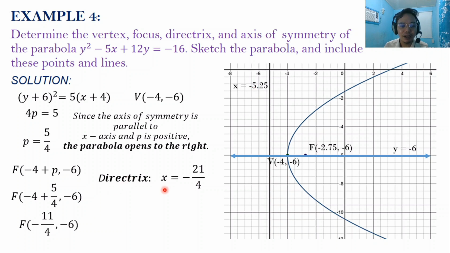So here's our equation of the directrix, x is equal to negative 5.25. And also, our axis of symmetry, makikita natin siya sa y-coordinate ng ating vertex and focus. This is y equals negative 6, passing through the vertex and the focus and is perpendicular to the directrix. Ito yung origin natin. Malayo siya sa ating vertex.